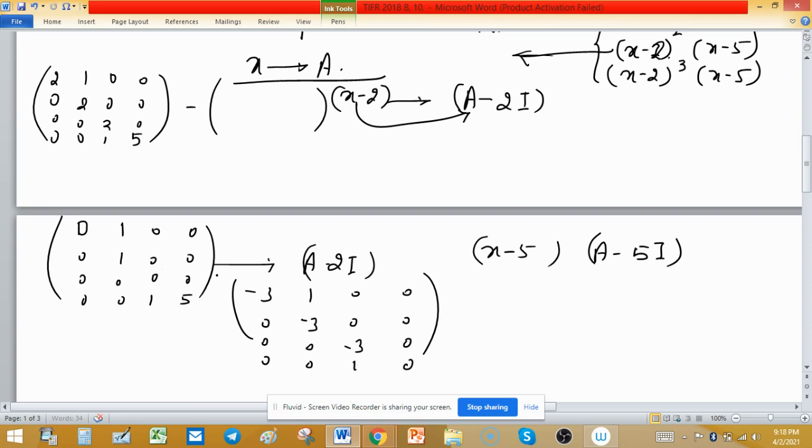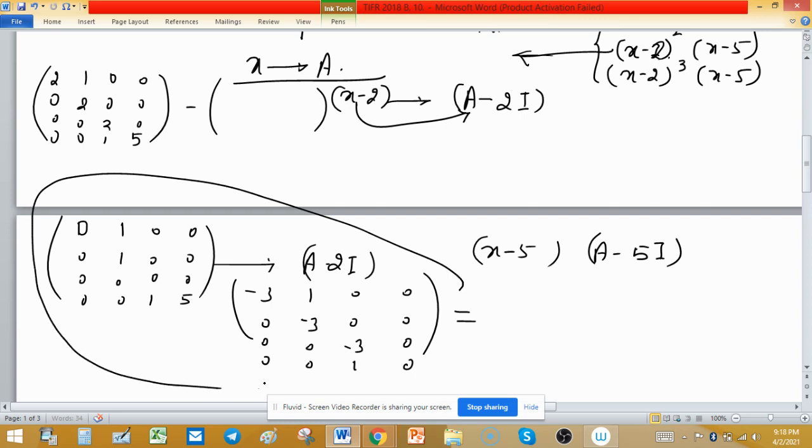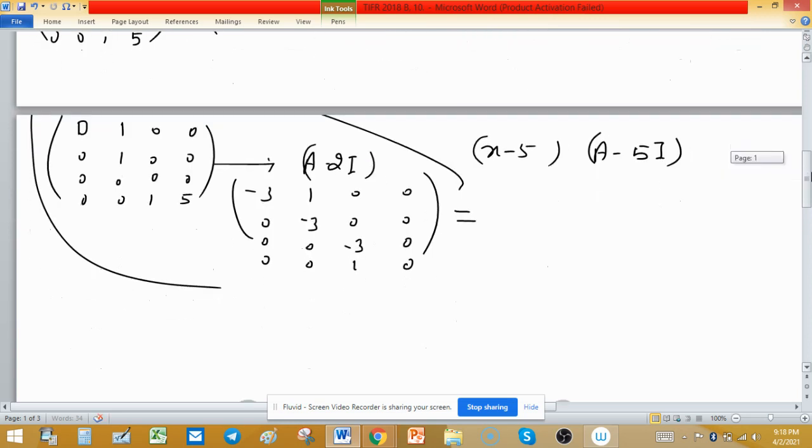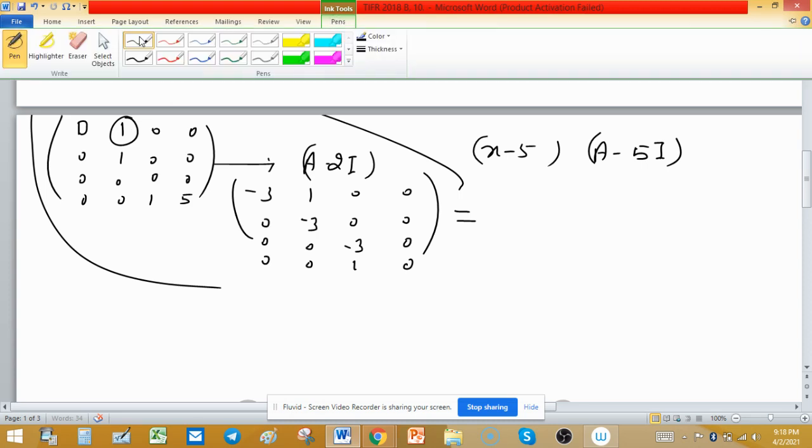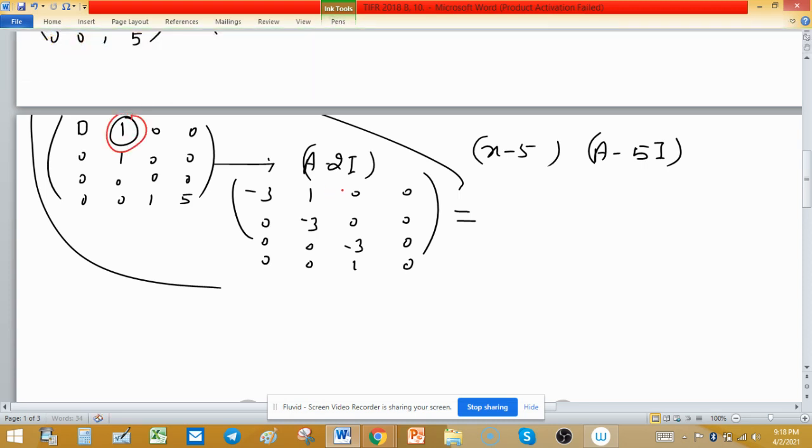Now check whether the product of these two matrices is 0 or not. There is no need to multiply each row by columns. This is a non-zero entry, 1, and with this one, we will obtain a non-zero entry in this place, in the second column.